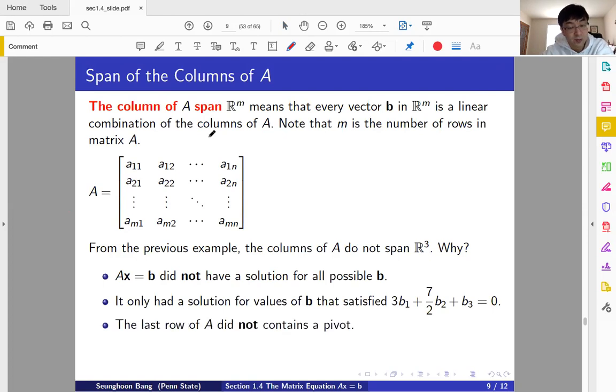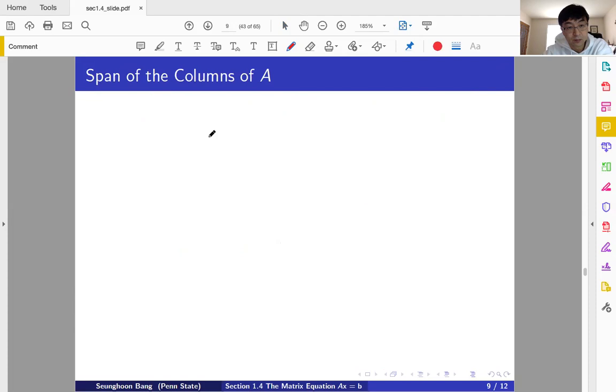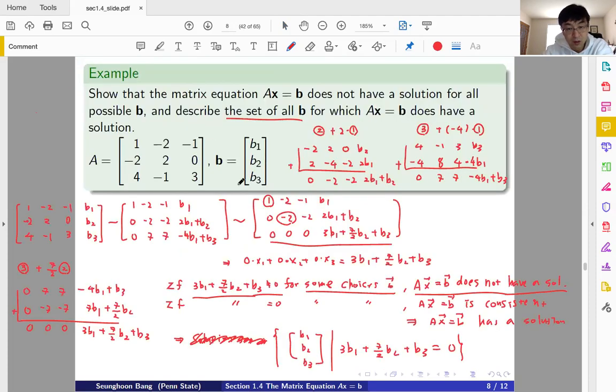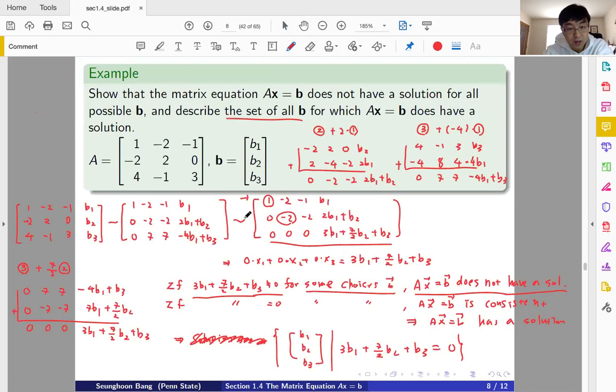So what does it mean? The last row of A did not contain a pivot. Here the first column has pivot 1, the second row has pivot -2, and in the third row the last one is 0.